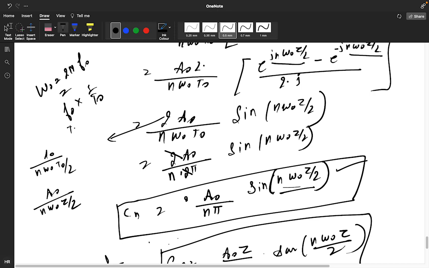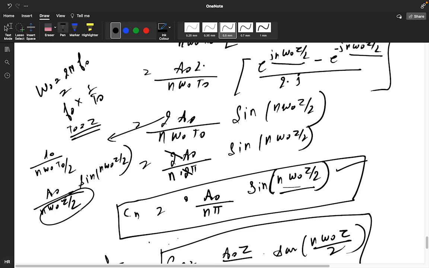Okay, because T naught is equal to tau, and the same function you are getting down. So sine t by t, you can directly write in the form of sampling function, or whatever your wish, you can write in the form of sampling function or a sync function.